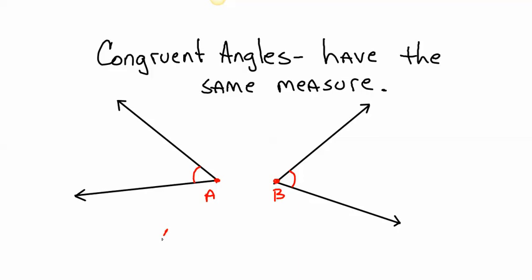And you can say that angle A is congruent to angle B. If angle A equals 50 degrees and you know that they're congruent, then angle B equals 50 degrees.